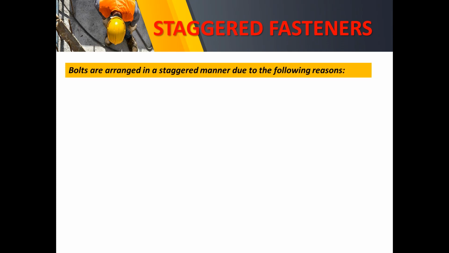So in steel connections, staggered fasteners are also implemented or placed in the connection for the following reasons.